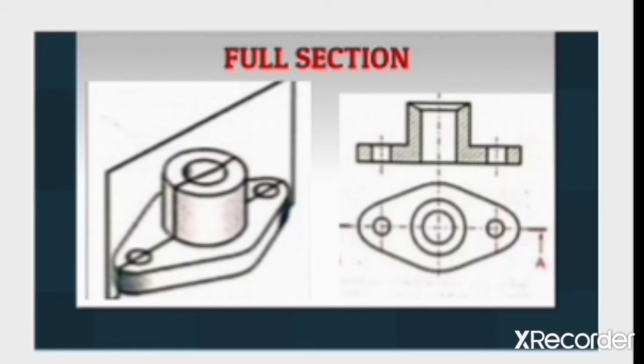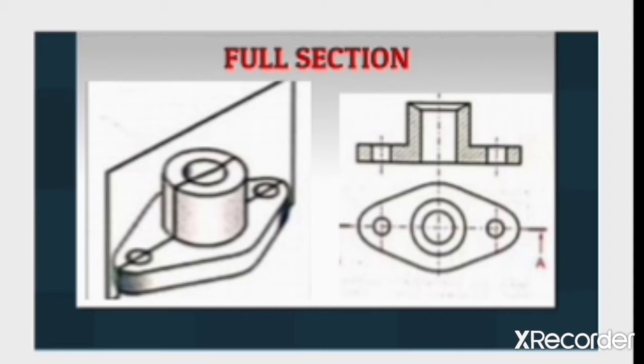For first material we will give 45-degree, then for the next material we have to provide another angle, either 60 or 30, or otherwise for first material we have to draw hatching lines in the left hand side, then for another material we have to draw hatching lines in opposite direction. So full section is the section in which the cutting plane passes from one end to another end through the center point of object.